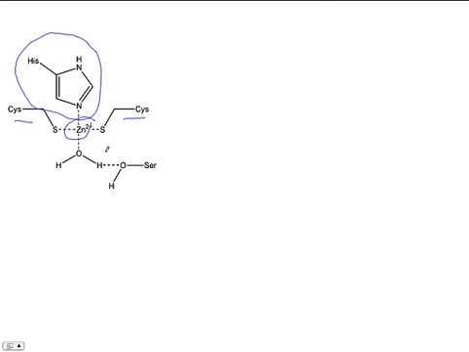And the zinc cation has four coordination sites, and the fourth is taken up by water when the enzyme is not active. In order for the enzyme to become active, it basically has to release this water molecule here, and it just gets displaced by the hydroxyl group of the alcohol that's going to be oxidized.